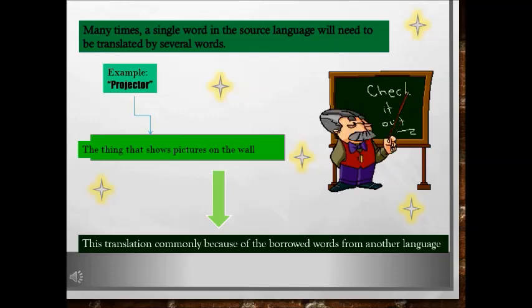This kind of translation commonly occurs because of words borrowed from another language. That's all for the first characteristic of translation. For the rest, two characteristics will be explained by the other presenters.